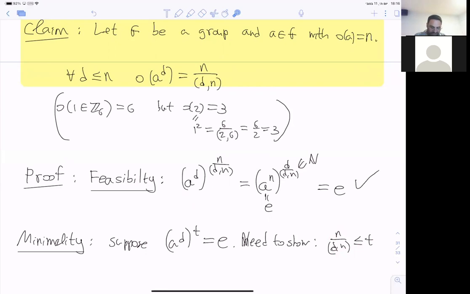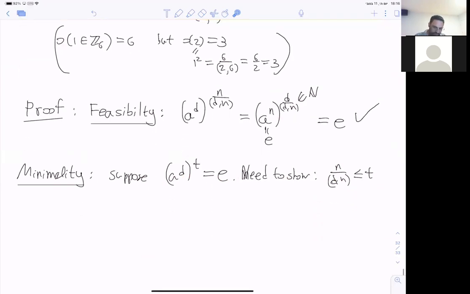Of course, this alone is not sufficient, because you have to show that it gets to e. But now we show the minimality. We have already shown the feasibility.